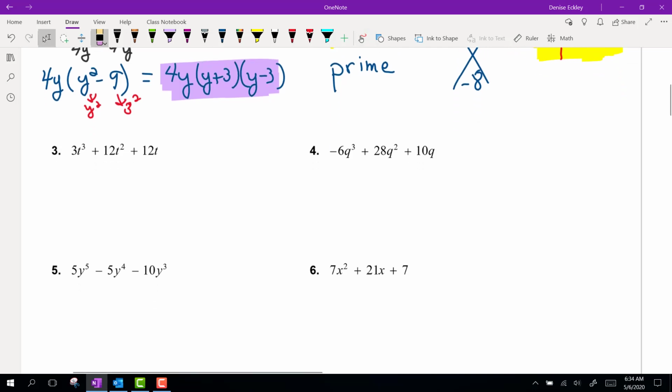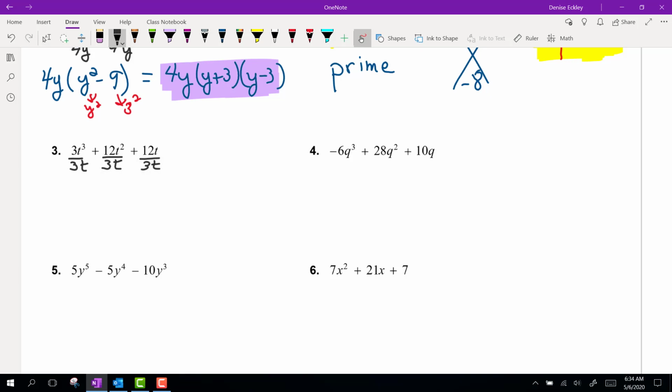Okay, next one. Again, I'm going to start with my GCF, which I do have, and I see that 3, 12, and 12 are all divisible by 3, and they all have a t, so I'm going to factor out the lowest power of t, which is t to the first.